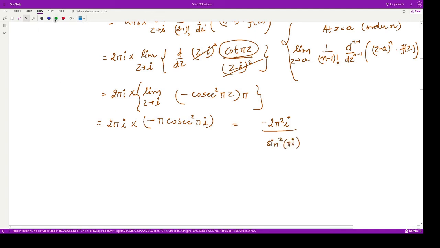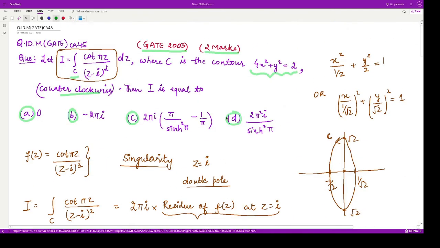Now we can use this result. We very well know that sine iota z is equivalent to iota sine hyperbolic z. So this is a relation between the circular and the hyperbolic functions. We can substitute the hyperbolic functions instead of sine iota z. Why? Because if you see your options, there is no term containing sine iota pi, and we only have the hyperbolic term.